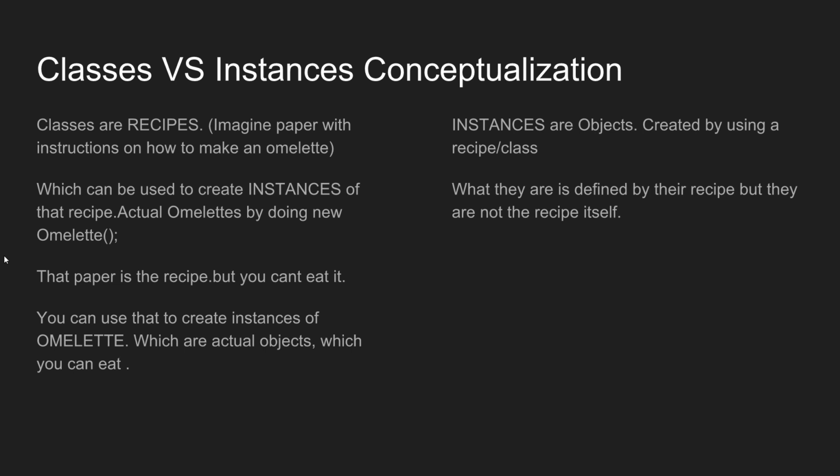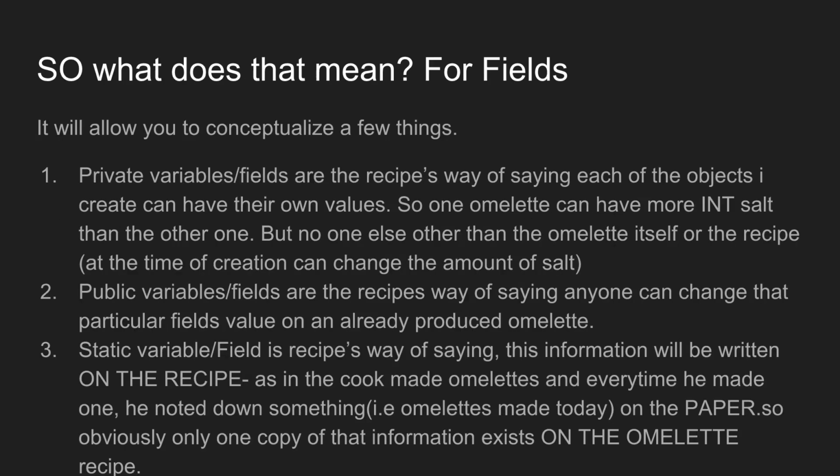Now next, we're gonna dig deeper and try to envelop all the concepts in that analogy. What does that mean for fields? Private variables and fields are the recipe's way of saying each of the objects I create can have their own set of these values. In other words, if we say int salt, then each omelet we create can have a different value of salt.